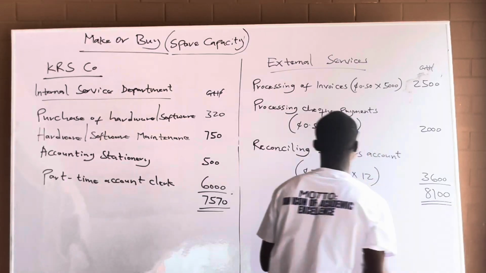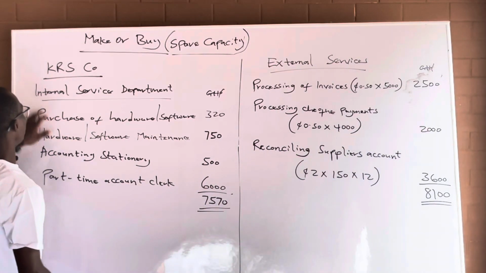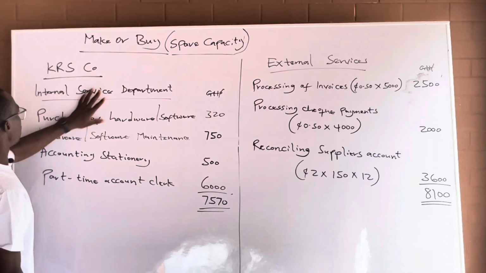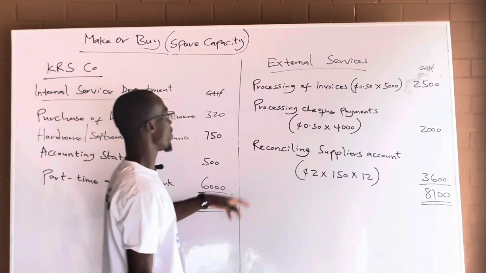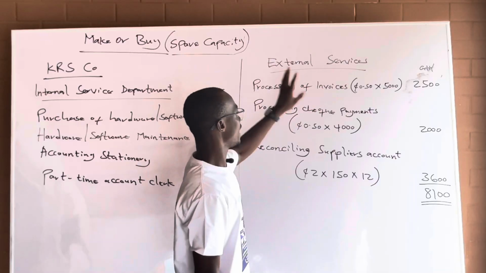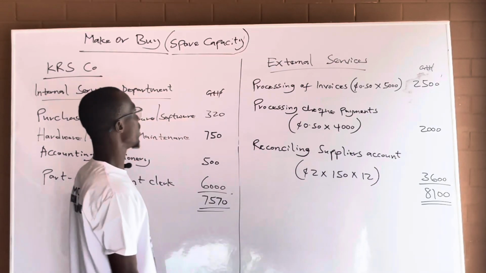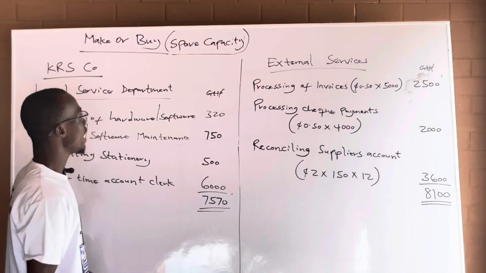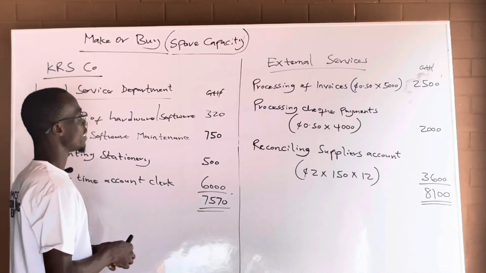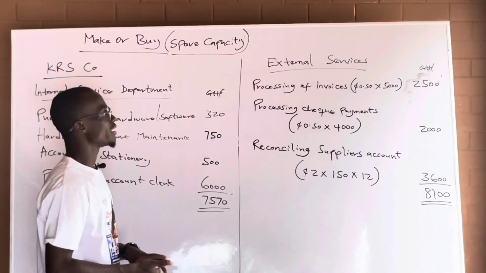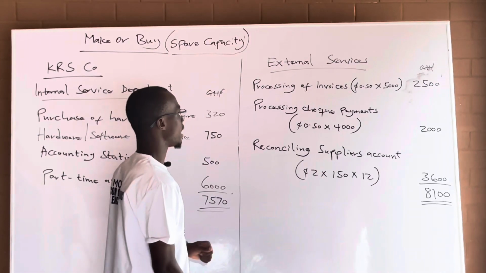So it means that if we make it in-house, we are going to incur 7,570 Ghana cedis. But when you buy it out, the external services, we are going to incur 8,100. So the decision rule for a make or buy decision says that if the cost you incur in making it is lesser than the cost you incur when you buy it outside, then it is better to make it.